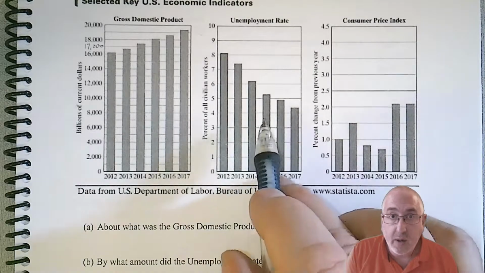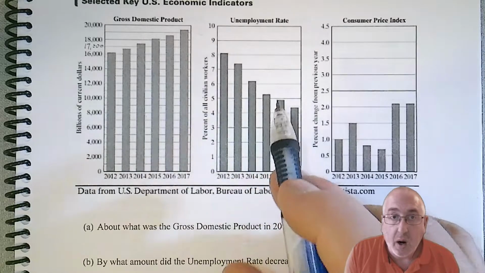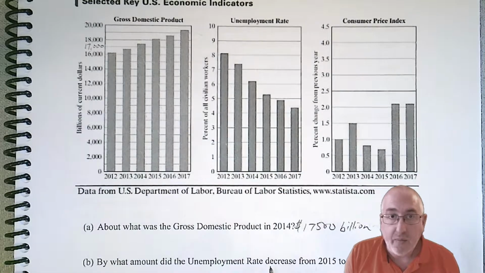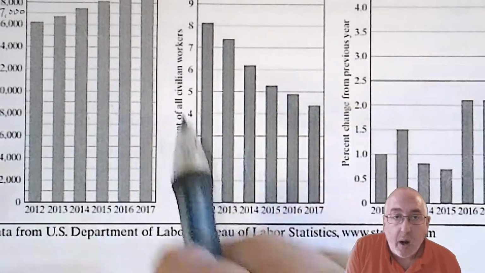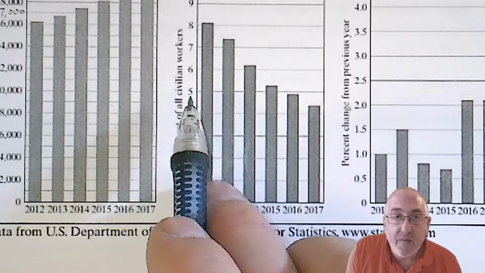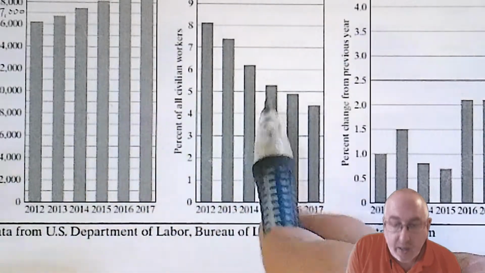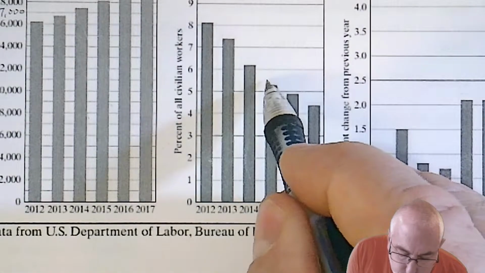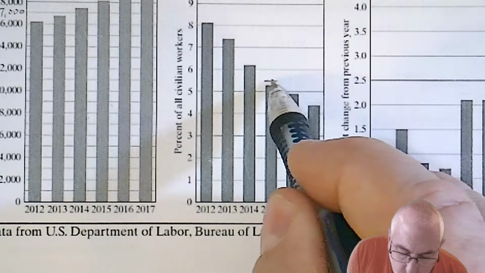So we got to first get a good approximation for what these bars are up to. So again, if we zoom in a little bit more, we can kind of see, all right, so we're between 5 and 6 on 2015. Now the halfway point, I like to use the halfway point as a reference.